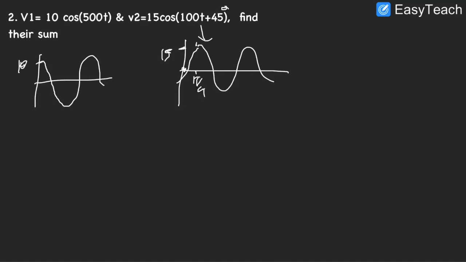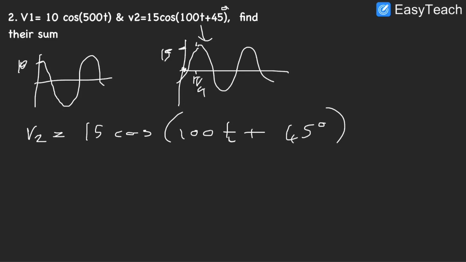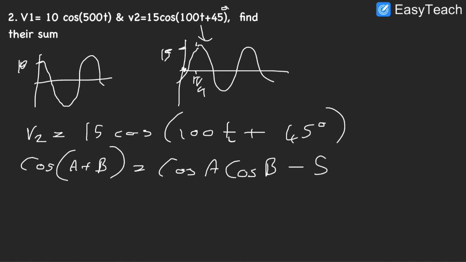Let us consider this second signal first. V2 is 15 cosine of 100t plus 45 degrees, and we're going to simplify it using an expression from trigonometry: cosine of A plus B is cosine A times cosine B minus sine A times sine B. Here our A is just 100t and our B is 45 degrees.